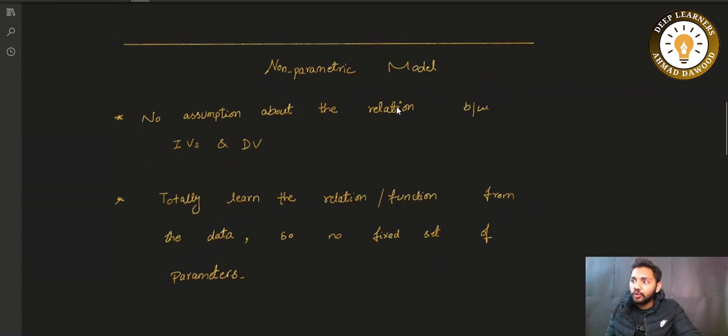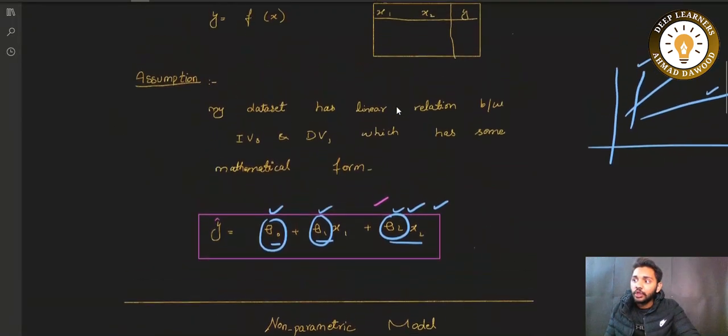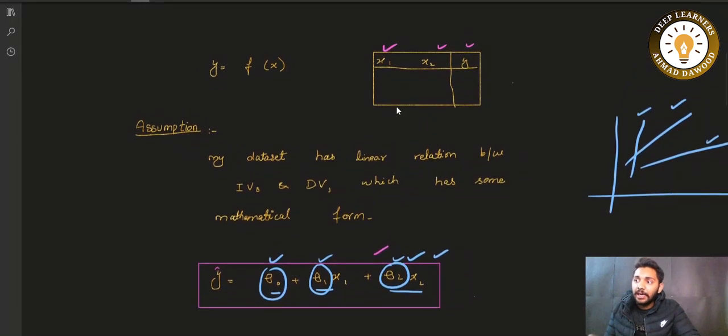And when you make some assumption about the mathematical form of your relation, then you are also restricting your number of parameters. Now, no matter how many training instances you pass to that model during the training process, it will not increase or decrease your number of parameters.